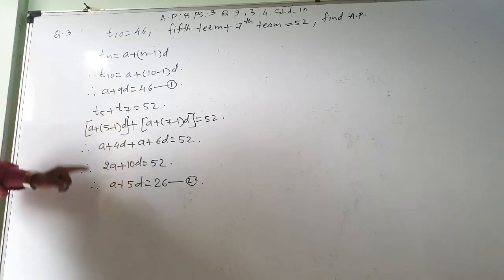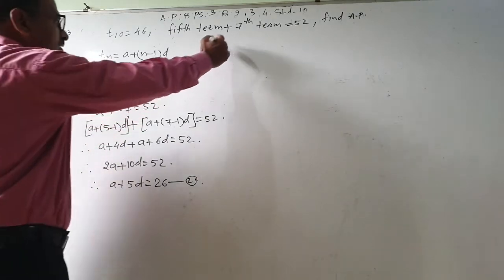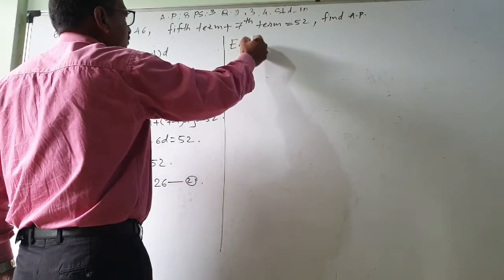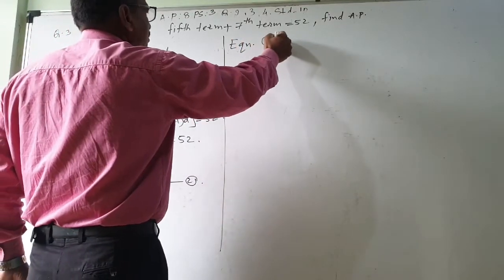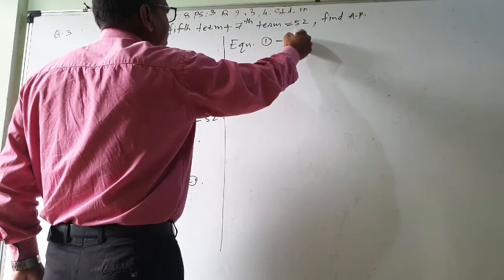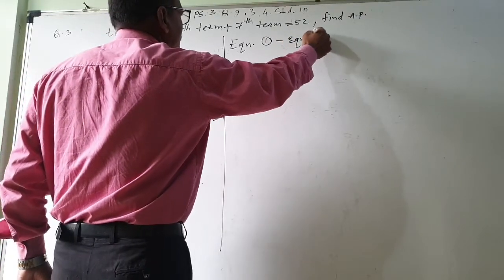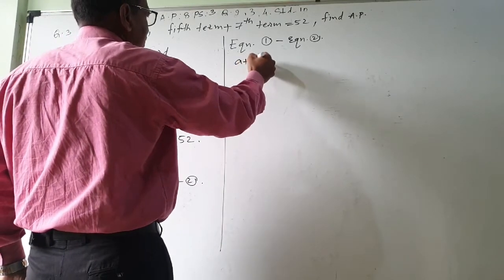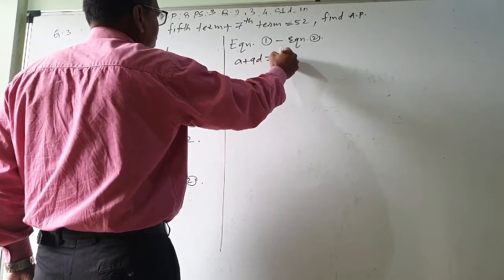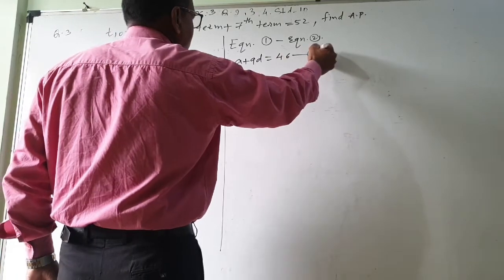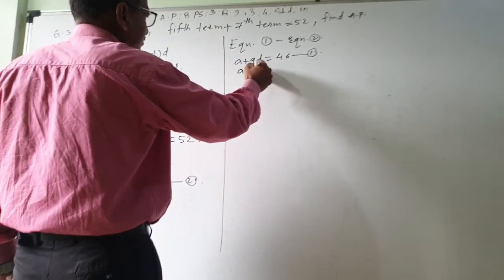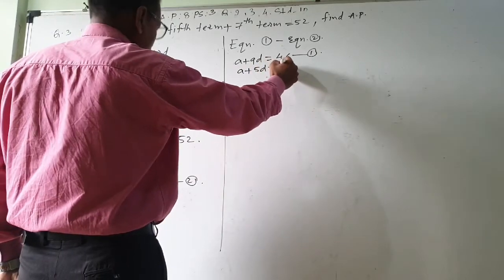Now these are the simultaneous equations. I can subtract this and this. Equation 1 minus equation 2 I will do. Equation 1 is a plus 9d is equal to 46. Second equation is a plus 5d is equal to 26.